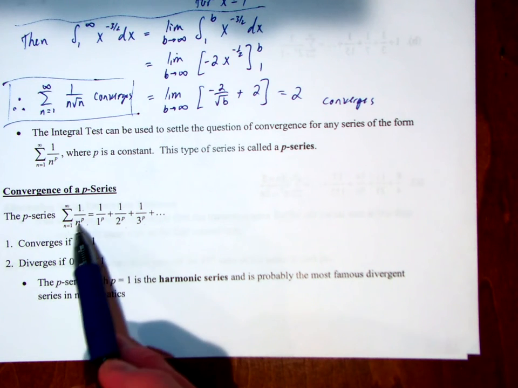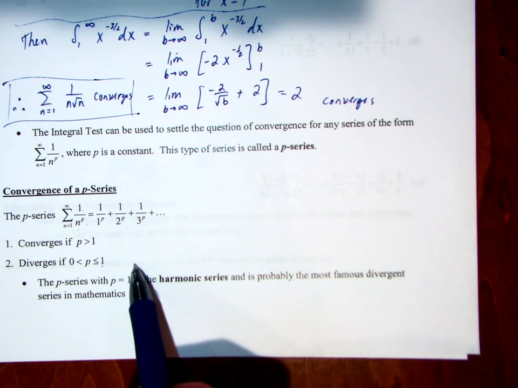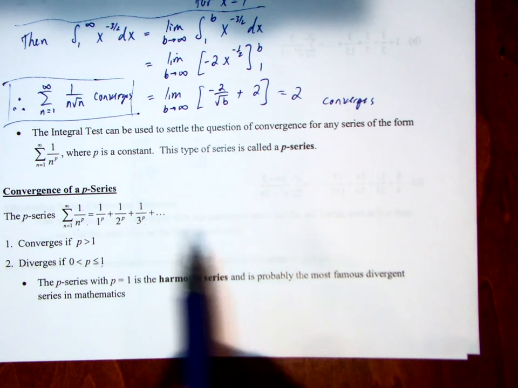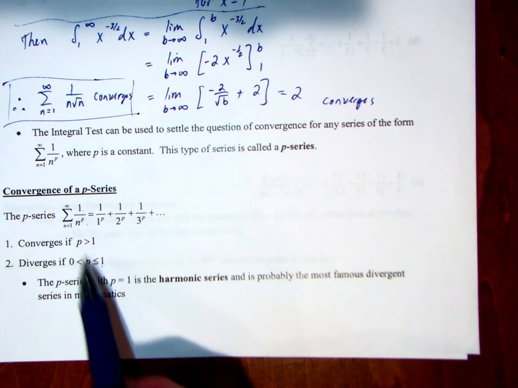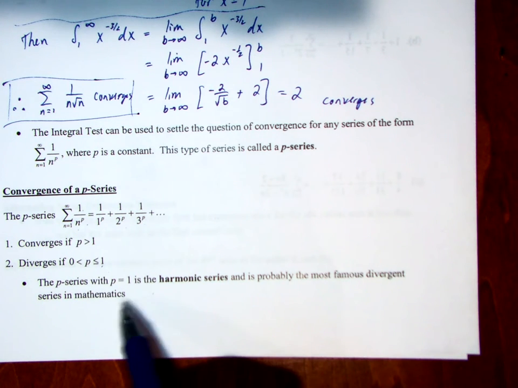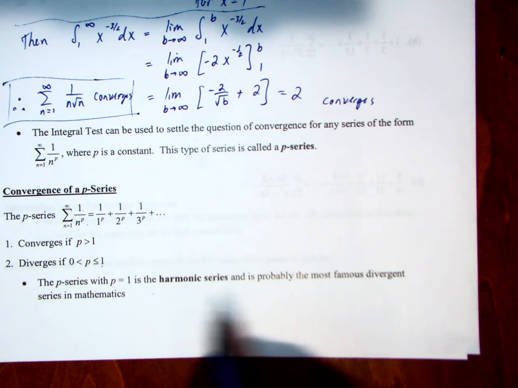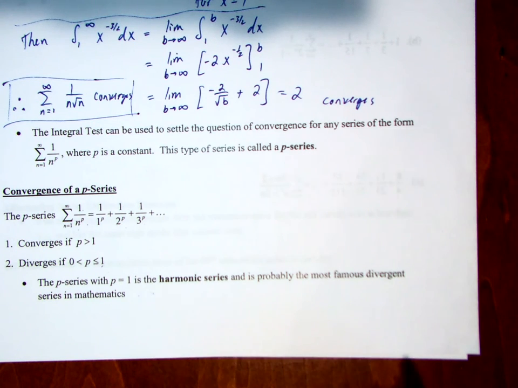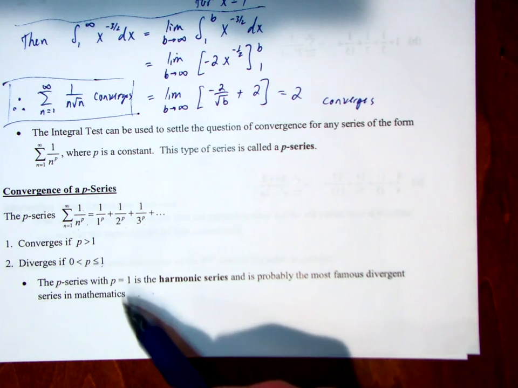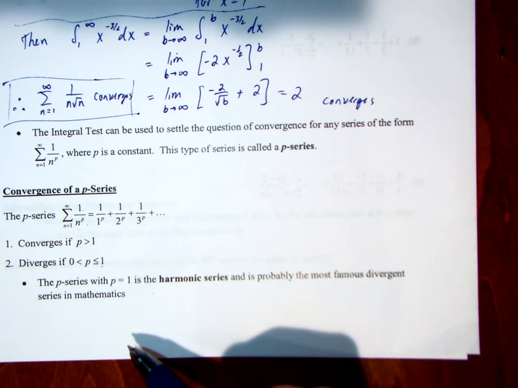If you make this p a little bit bigger than 1, it converges, right? So if you have 1 over n to the 1.00001, it converges. But if you have 1 over n, then it diverges. So it's sort of the bound between convergence and divergence, if you will. And so it's called the harmonic series. Again, we're going to use this a lot. We're going to use comparison tests, compare it to 1 over n, because we know that diverges.